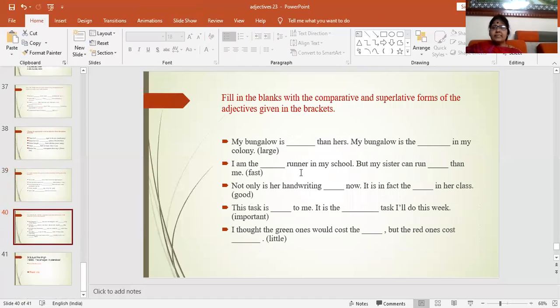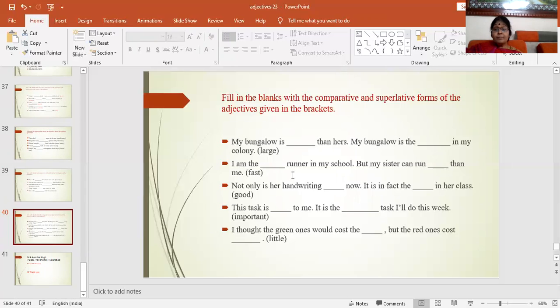Now, next is this comparative and superlative. Just fill these words in the blanks with comparative or superlative. Say, my bungalow is larger than hers. My bungalow is the largest in my colony.